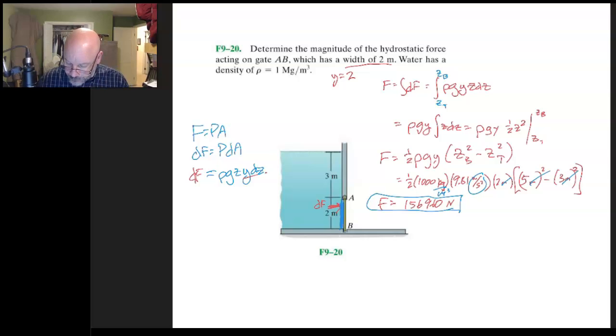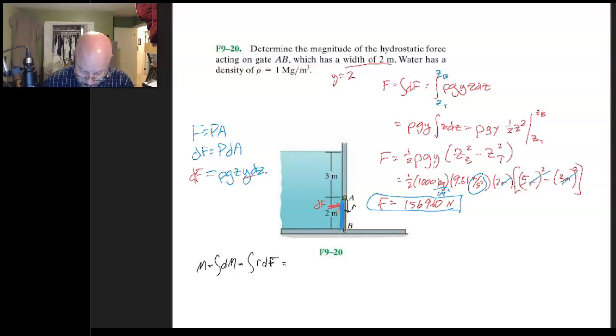Well, it turns out then what we would do is we would set up a different sort of integral. We'd say that our total moment was a bunch of little tiny moments, and so we're going to have some distance r down to our dF. So that's going to turn into an r dF. Let's call that a capital F there.